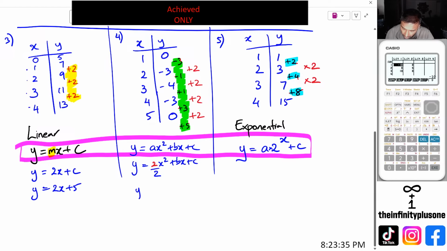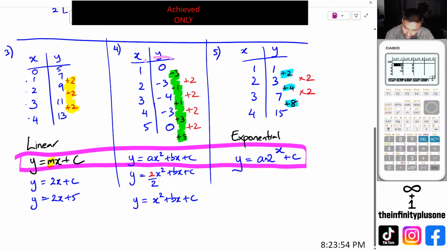So the quadratic: y is equal to, sorry, not 2x squared, x squared plus bx plus c. There is a shortcut here for the c value with the table that we have, because all we need to know is the value of y when x is equal to 0. I'm going to rewrite this a little differently: x there, y there, and a 0 there.